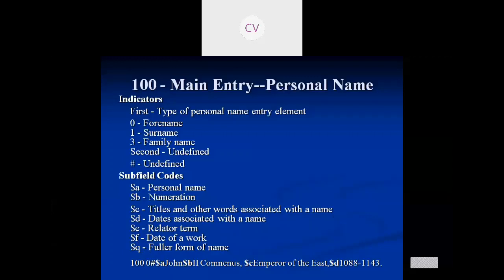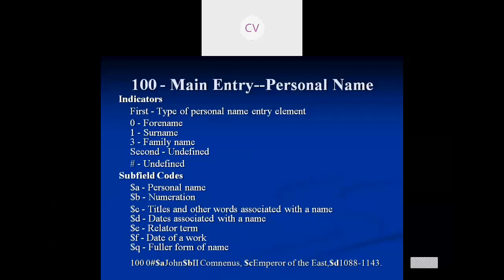Here, the personal name, John. Numeration, John II, for example. If you remember the book and text, this is how we render the personal name in the name entry according to the Anglo-American rules.